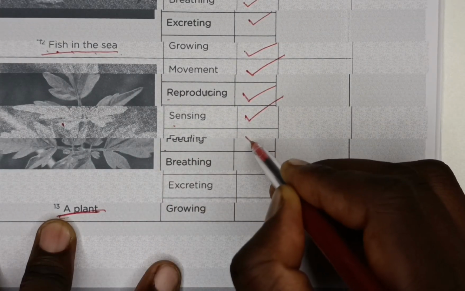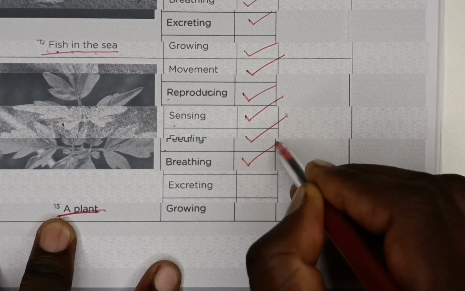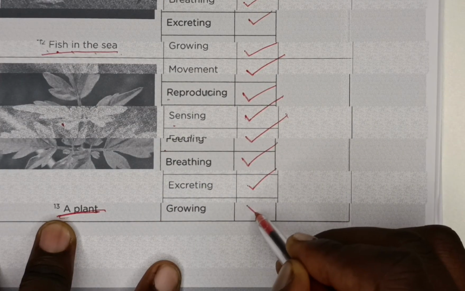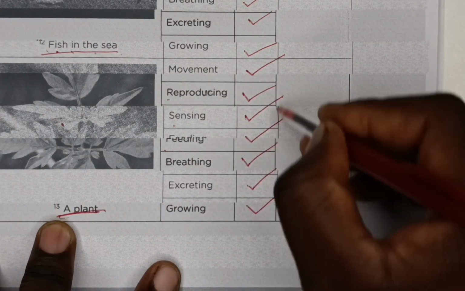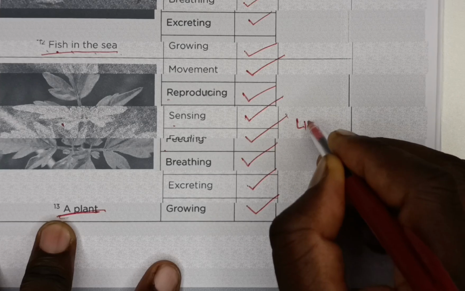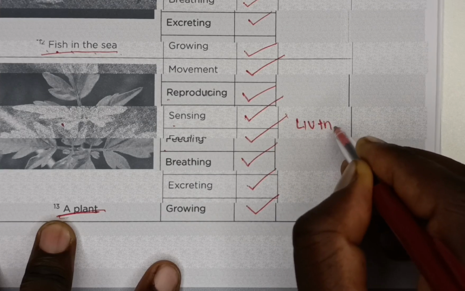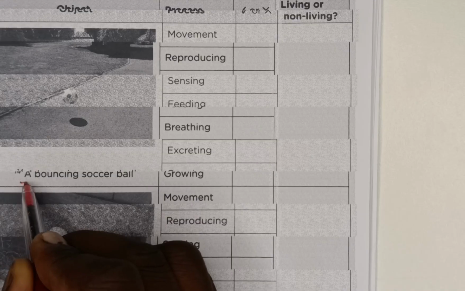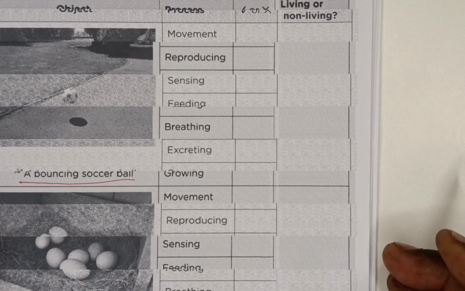Do they feed? Yes. Do they breathe? Yes. Do they excrete? Yes. Do they grow? Yes. They have fulfilled all the processes of life. We say they are living.